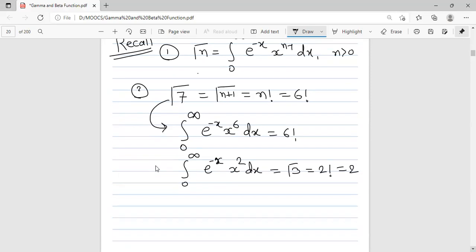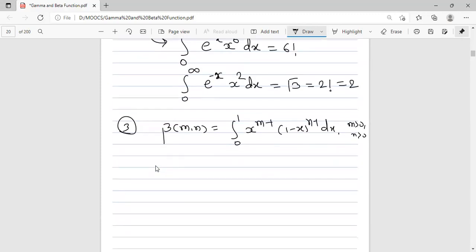This enjoyment is not there in what we have discussed so far in the beta function. Beta m, n is nothing but the integration of x raised to the power m minus 1 into 1 minus x raised to the power n minus 1 dx, for m greater than 0 and n greater than 0. This is as per the definition. Again, we are getting some beautiful results from this. Beta m, n is equal to beta n, m, satisfying the symmetric property.